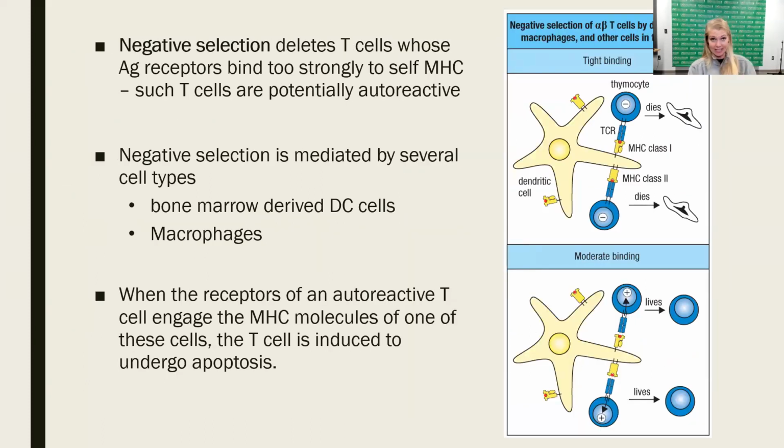Now negative selection is going to delete T cells whose antigen receptors bind too strongly to MHC molecules. Because yes, we need the T cell to recognize self because antigen is presented on a self protein, but it can't bind too strongly because then potentially that T cell could become autoreactive. Negative selection is going to be facilitated by a dendritic cell, but of the myeloid lineage, meaning derived from the bone marrow.